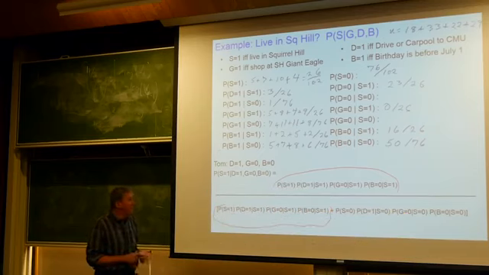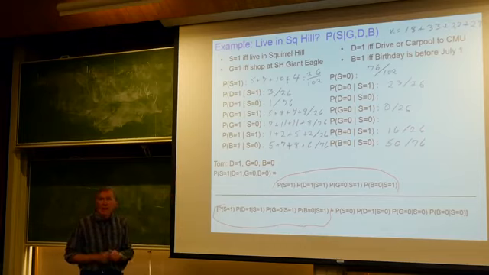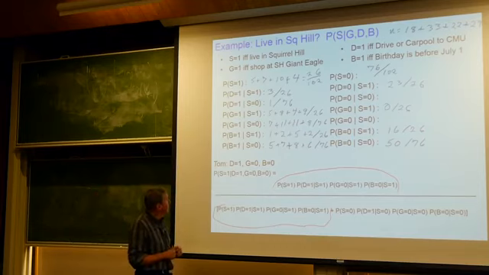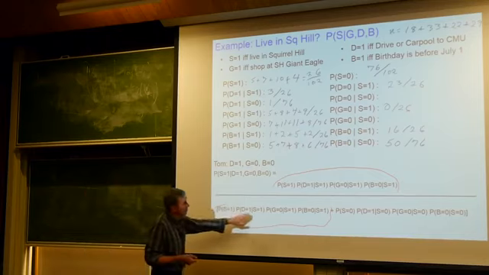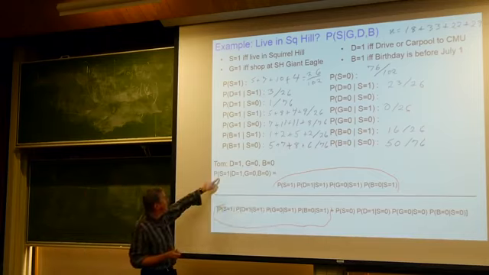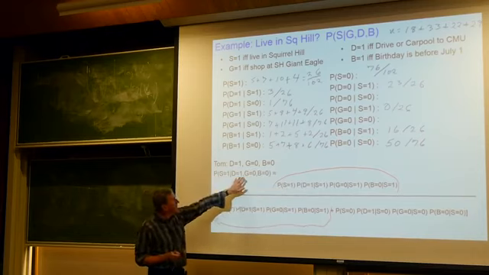Okay? So that's exactly what we said. If we make the conditional independence assumption and apply Bayes' rule, this is exactly what we said will give us the probability that S equals 1 given these values.